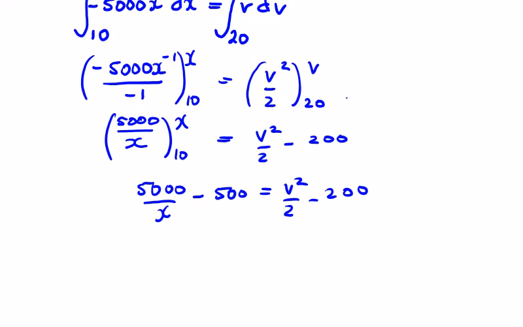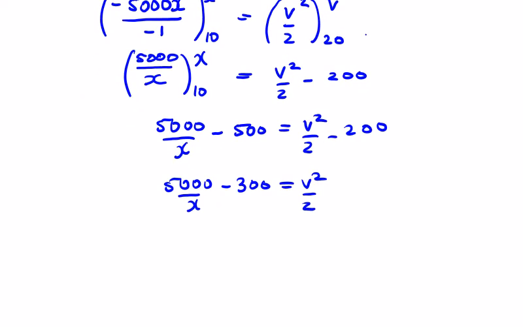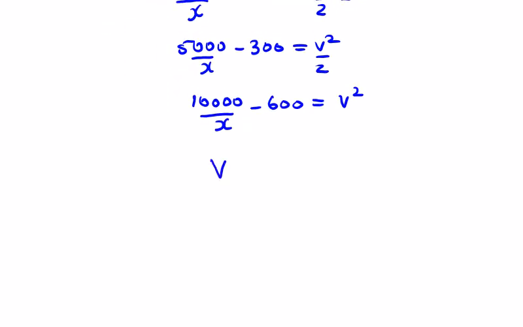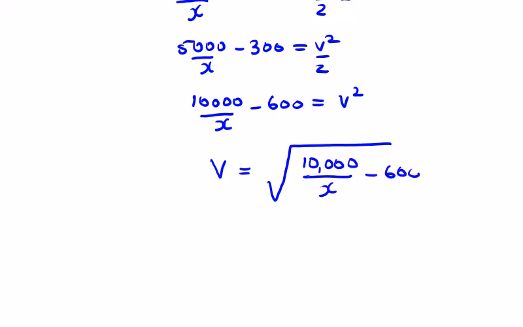So we want v, so I'll bring the 200 across, so we're going to get 5000 over x minus 300 equals v squared over 2. Multiplying by 2, I'm going to get 10,000 over x minus 600 is equal to v squared. So v is equal to the square root of 10,000 over x minus 600.